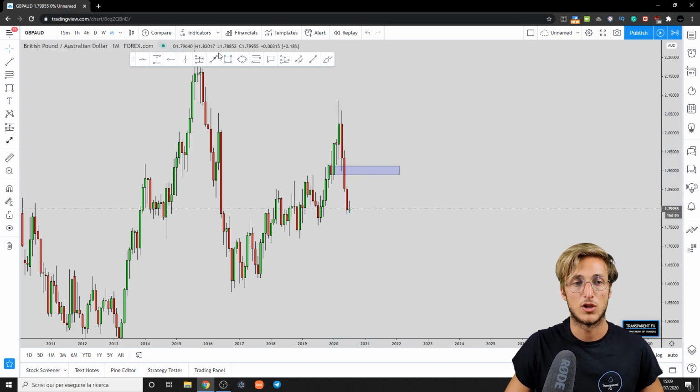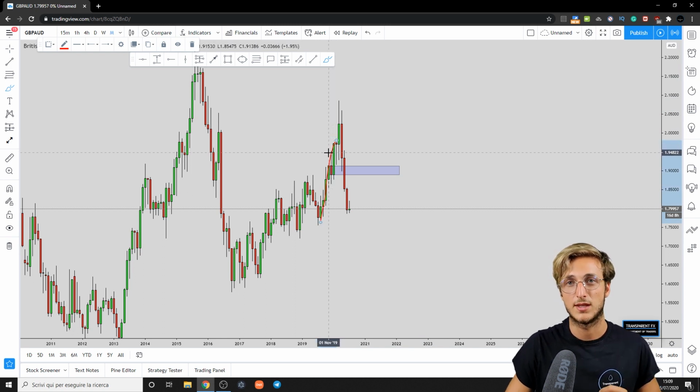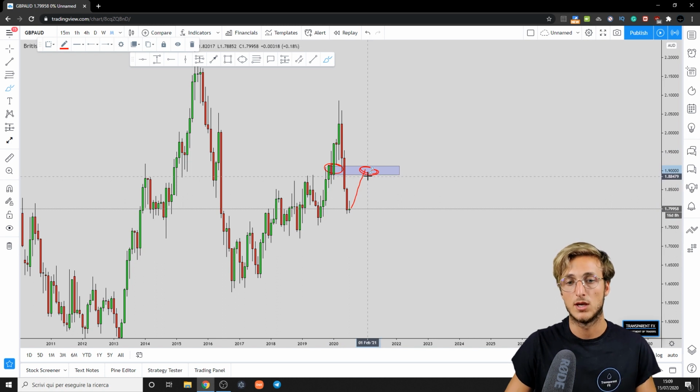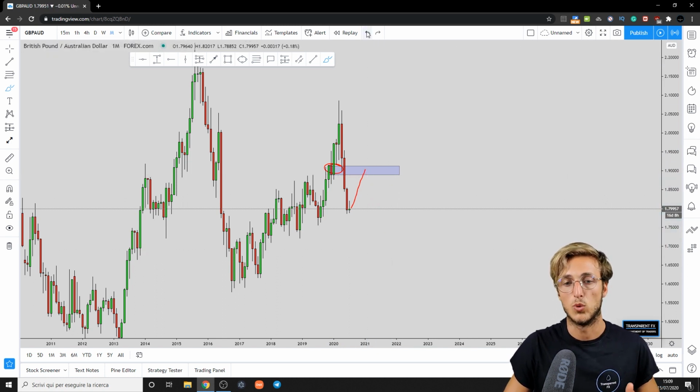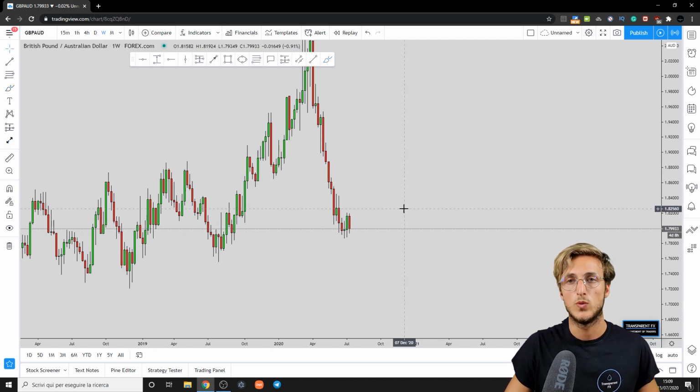In fact, in all of this impulse to the upside, there is one candle which is not related to the move with a big body, which is this red candle here. So we definitely expect from this area the market to find the liquidity to start the next move to the downside, because remember, retracements in the market are necessary because they provide the liquidity for the continuation of the overall trend. Now, if we go down to the weekly time frame, what kind of situation do we currently see?